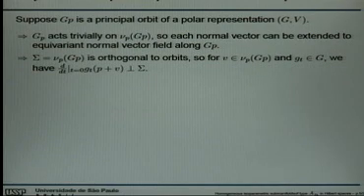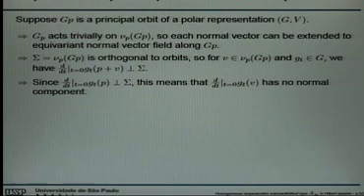Then we take sigma to be the normal space at p. By assumption, the action is polar, so sigma is a section, and it meets, for instance, the orbit through p plus v orthogonally. If you take a one-parameter group in G, we have this orthogonality here. And then we also know that at p, this curve is orthogonal to sigma.